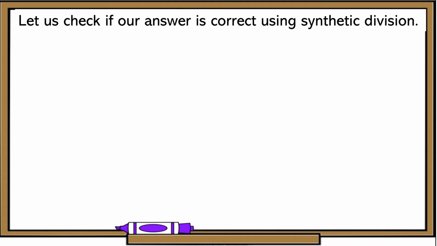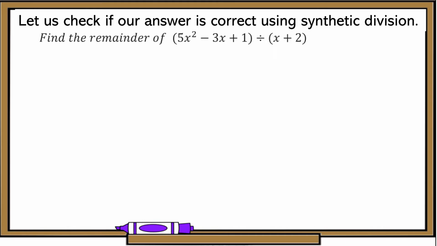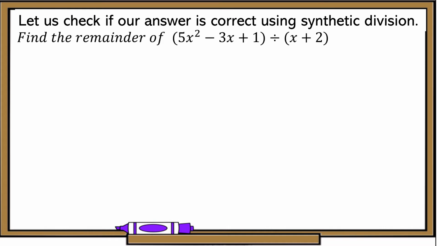Let us check if our answer is correct. Let us use synthetic division. Let us use our former question: find the remainder of 5x squared minus 3x plus 1 divided by x plus 2. But this time, instead of calculating for P(x), we will use synthetic division. Let us first equate the divisor to 0, then solve for x.